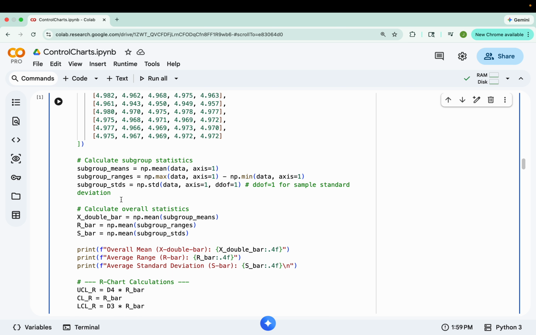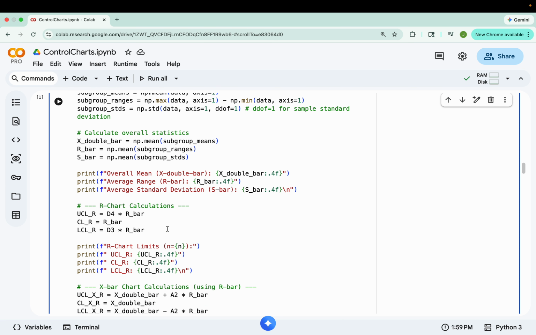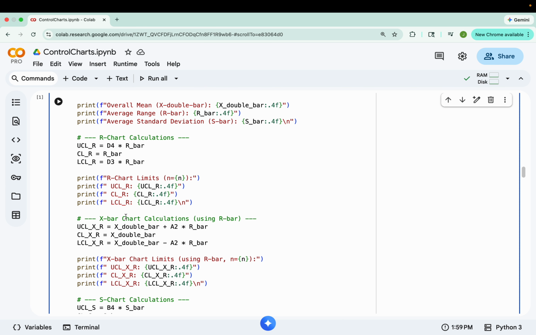For the overall statistics, they calculate the overall average, that is the average of each week's average. Then for R bar, they calculate the average range over each of the 20 weeks. And for S bar, they calculate the average standard deviation, which is calculated in each week. Okay. Now they're going to calculate the R chart values.